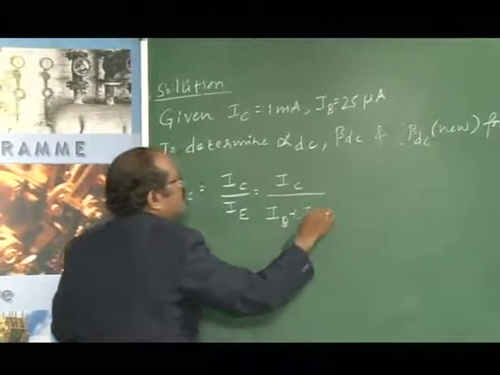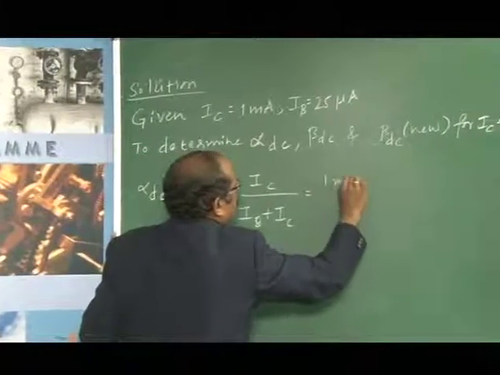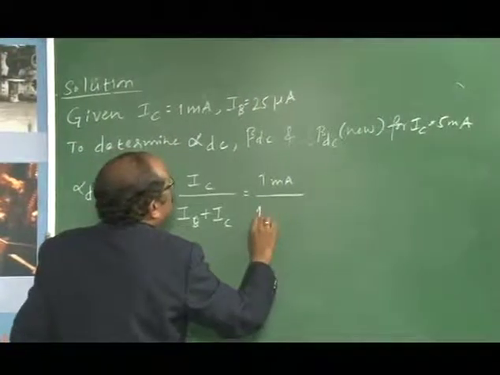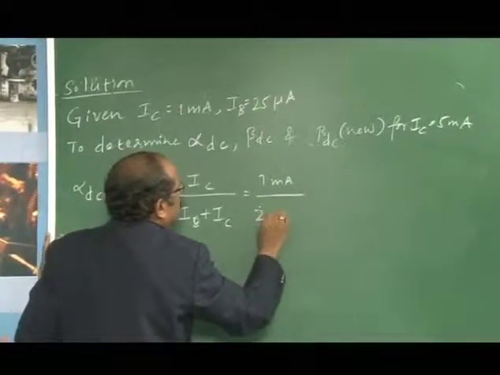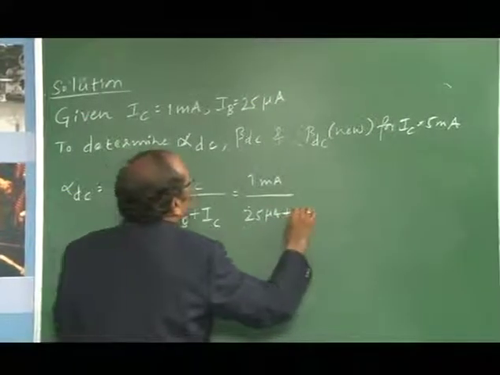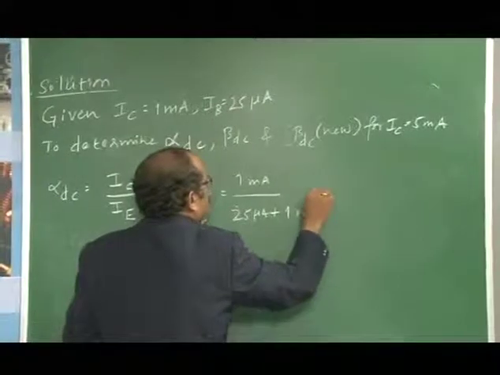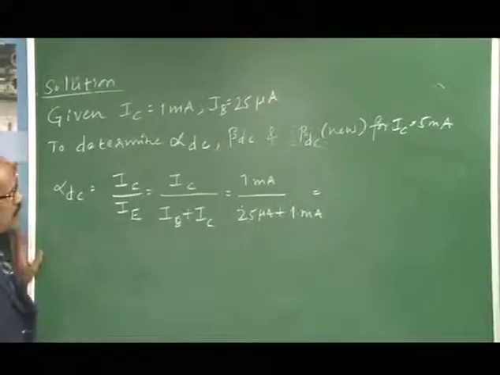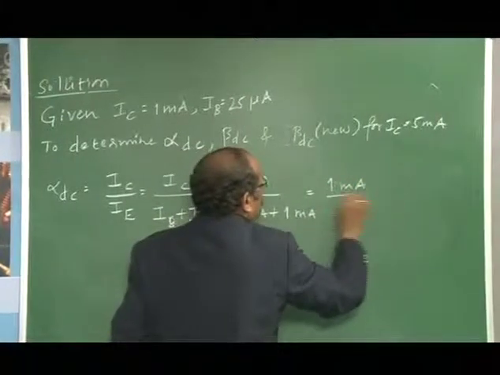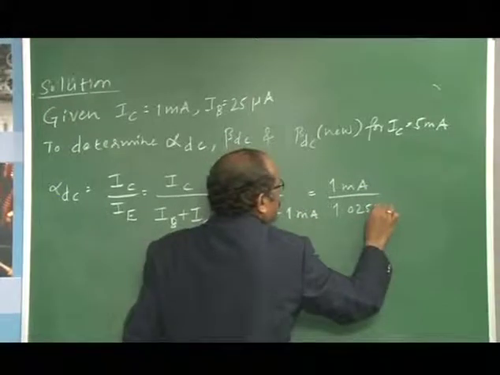IC is 1 milliampere and IB is 25 microamperes, plus 1 milliampere, which is 1.025 milliamperes.